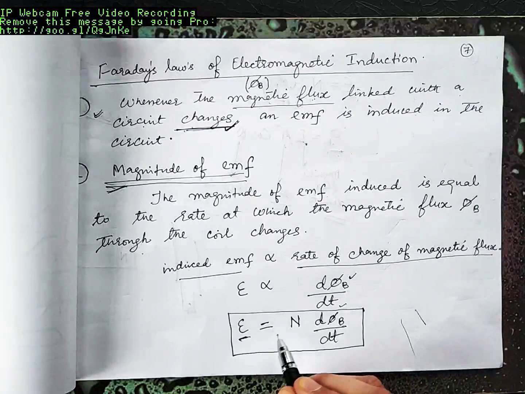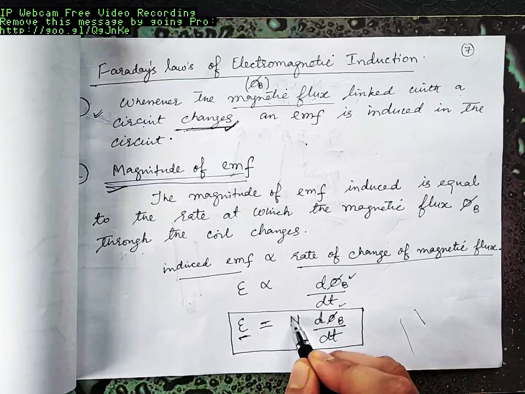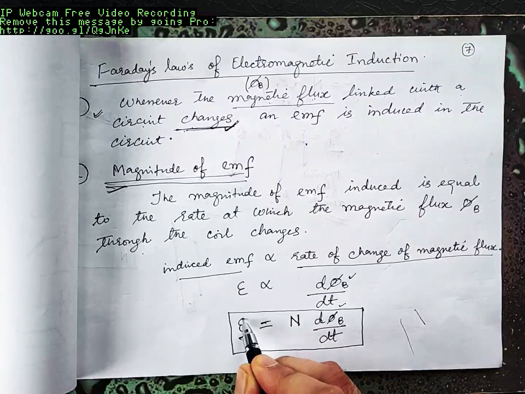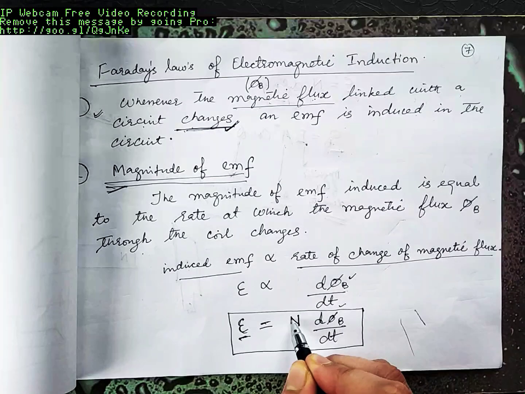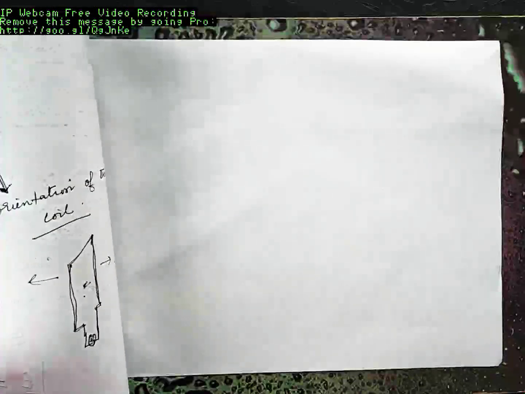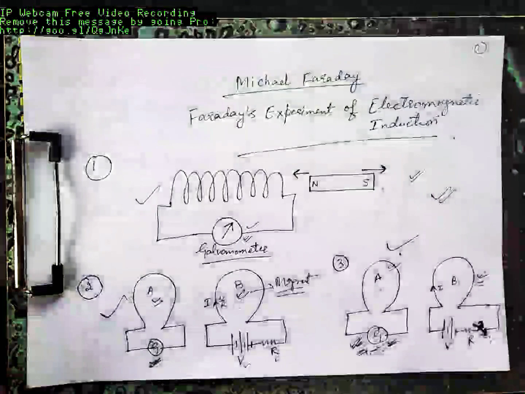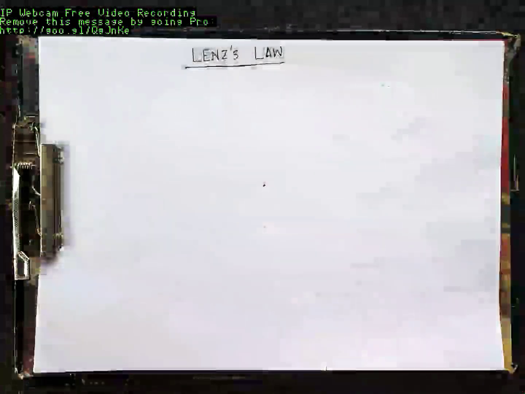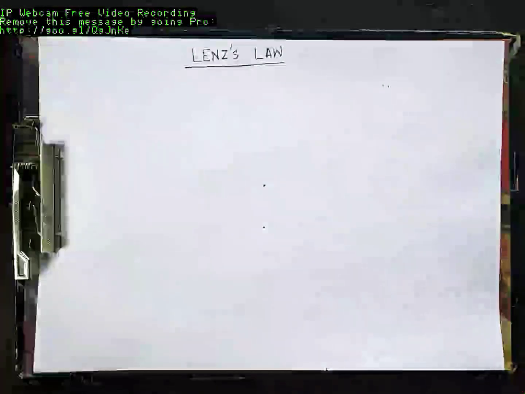The total induced EMF E is equal to the number of turns N times the rate of change of magnetic flux. Today we are going to study Lenz's law.